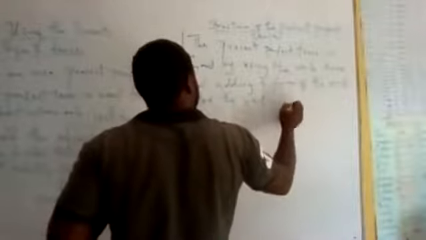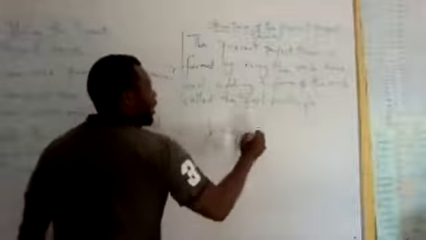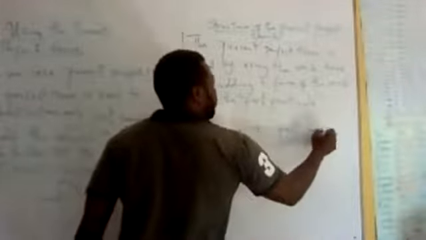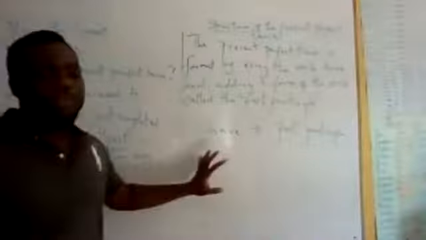The past participle. So what we have there, you have what? Have plus past participle. Have plus what? Past participle. So that is what makes up our present perfect tense.